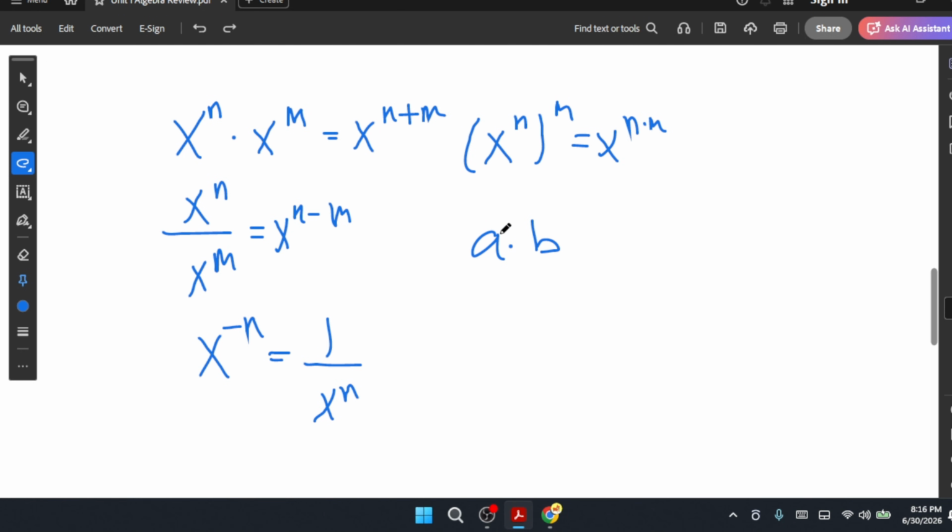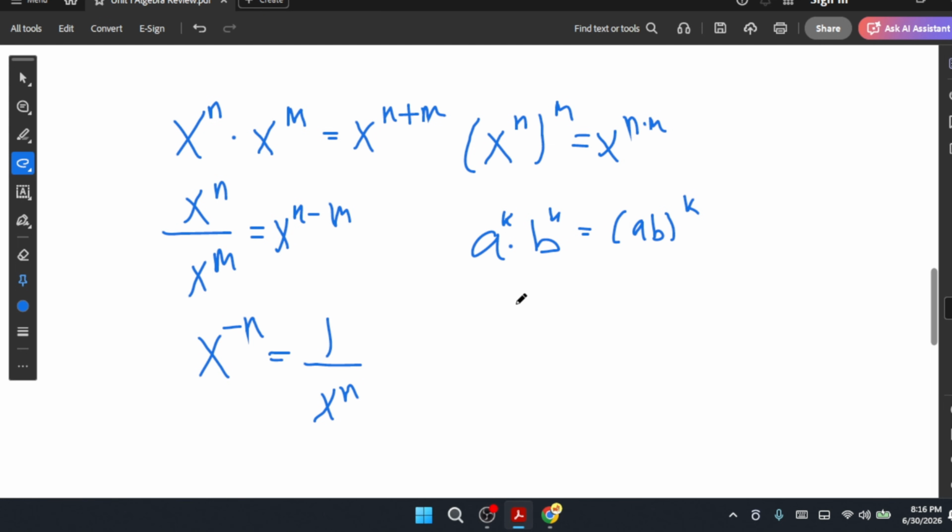If they have the same powers, well, you can group them to the power of k. Okay, again, these are the rules of the exponents. Hopefully I didn't forget some.